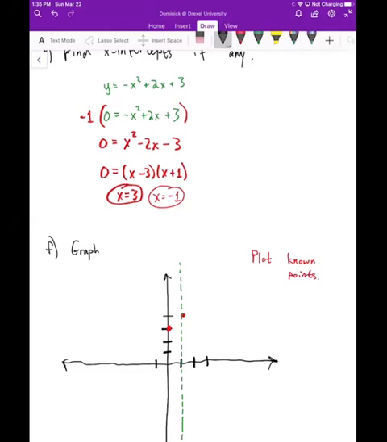So we also have points right here. And we also know that this opens downward. So that kind of aligns with our points that we already have so far. But now we can use something to our advantage. We know that we have an axis of symmetry with this green line here.